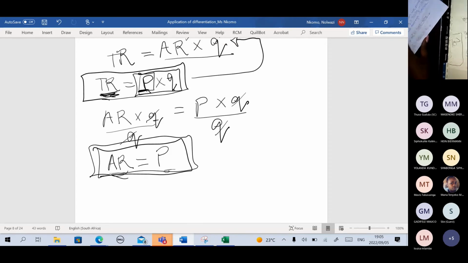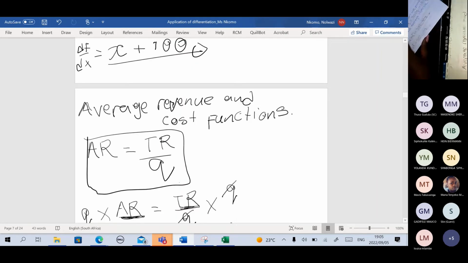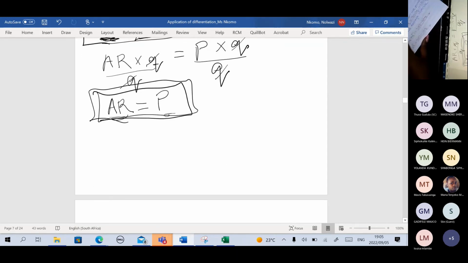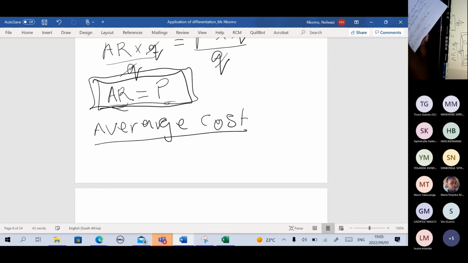And that's the average revenue and the average cost. Okay, let's move on to the average cost. It is all production cost divided by the quantity of output produced.